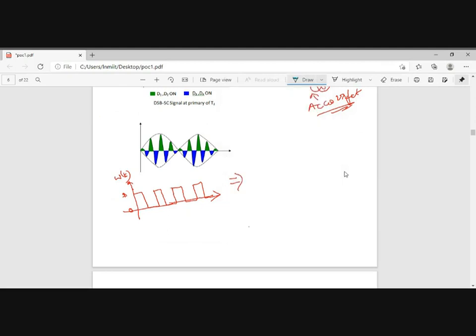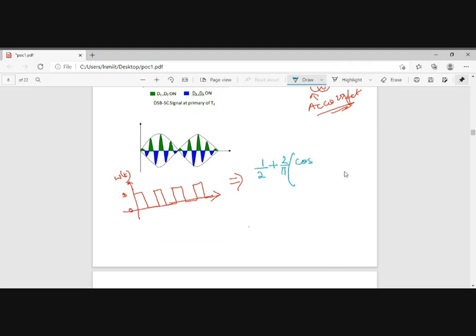I know that it was represented using a Fourier series. We have seen this already. It was represented by a Fourier series of 1/2 plus 2/pi times the sum and subtraction of odd harmonics of the sinusoidal signals.